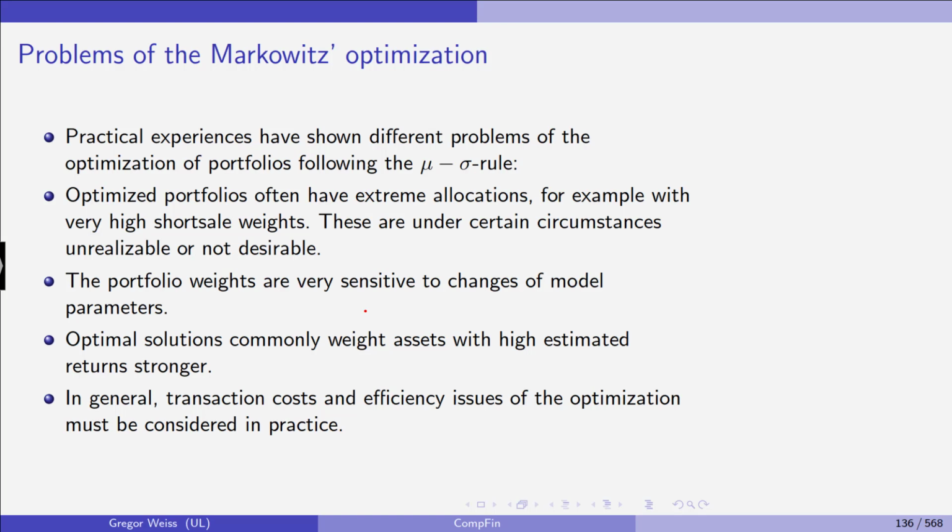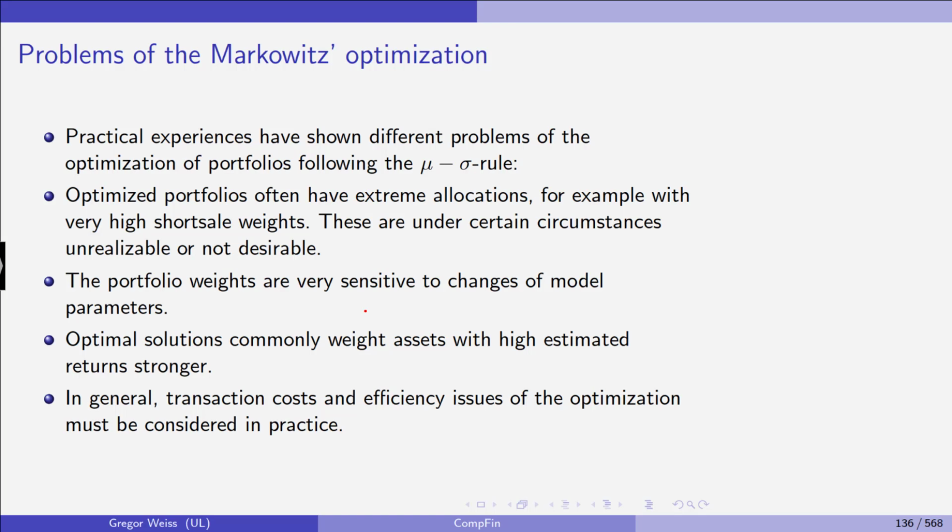What are some practical problems of Markowitz portfolio optimization? Now, optimized portfolios often have extreme allocations, for example, with very high short selling weights, meaning that you have 1 million in cash and you're spending 50 million in one stock and you're short selling the other stock for 49 million.